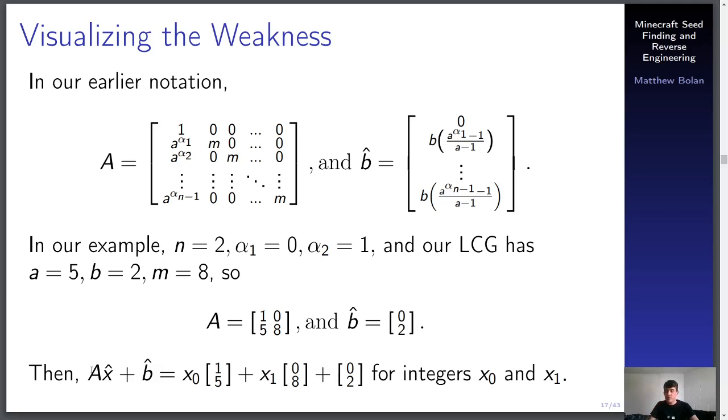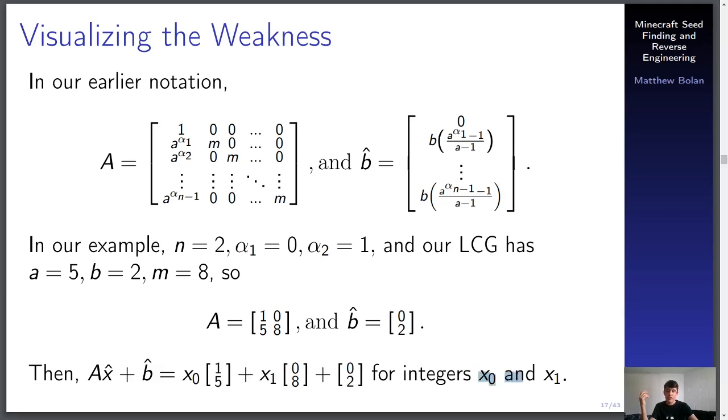And if you remember, we had that the set of all seeds, so in this case, the set of all pairs of two consecutive seeds, is describable as A times x hat plus B hat, right? And if we expand this out, if we do matrix multiplication, so x0 here is the first component of x hat, we have x0 times the first column of A, 1, 5, plus x1 times the second column of A, 0, 8, plus 0, 2.